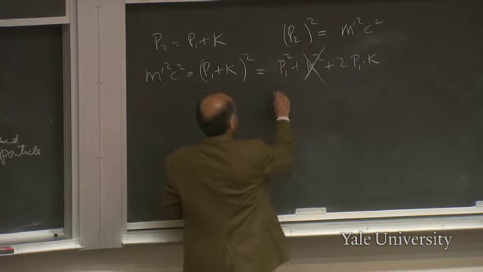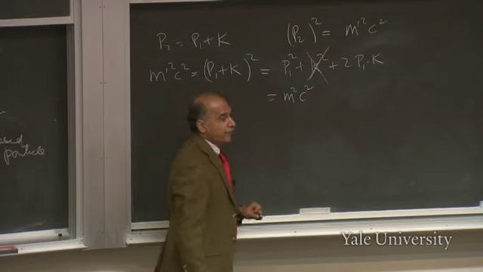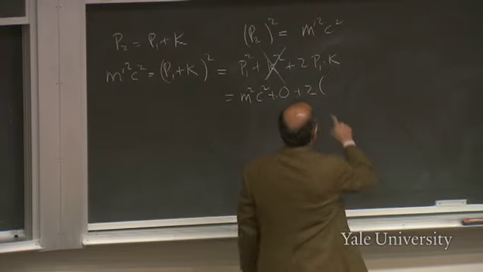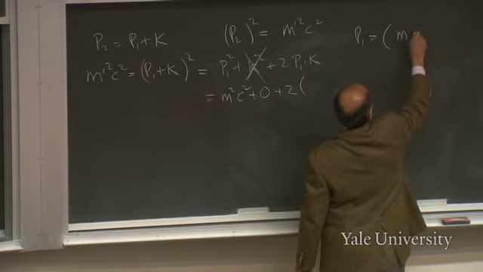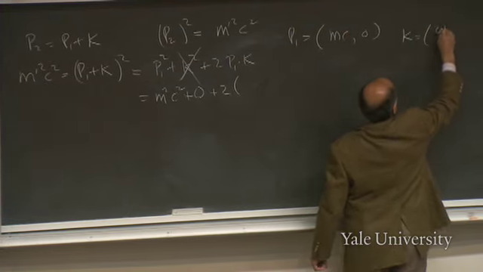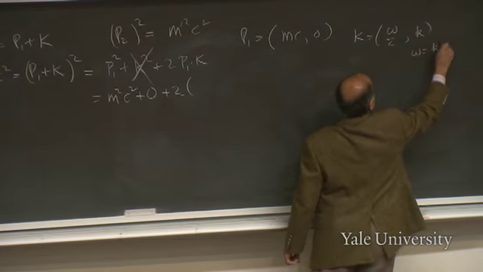Well, that was my rest mass before, m squared times c squared, plus 0. Now, p1 dot k, you got to be careful. That dot product means, let me write down the vector p1 and k for you. p1 was mc and 0, and k was omega over c, and its spatial momentum, where omega was equal to kc. Got to remember that.